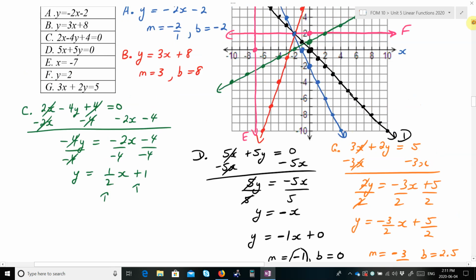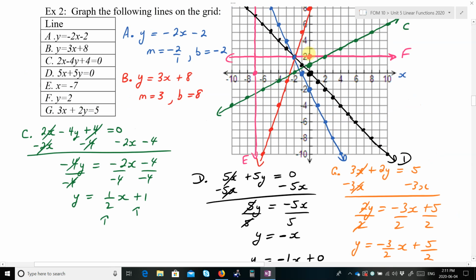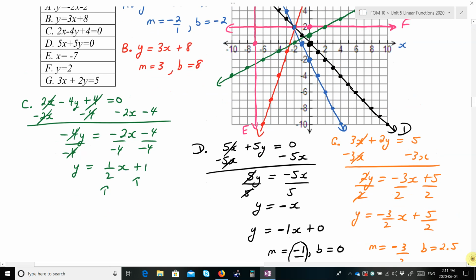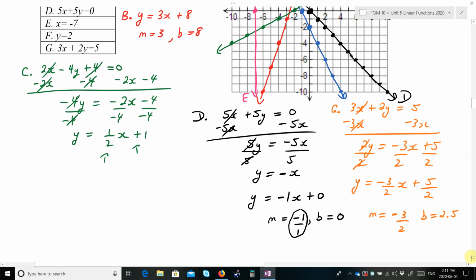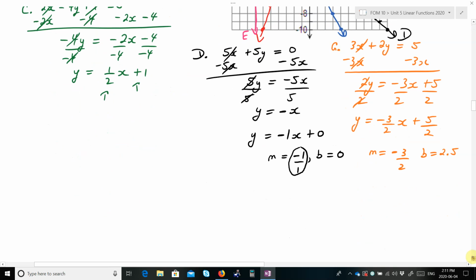Okay, so it's not the easiest to use decimals on the grid. In this case, it's not too bad because it's just 2.5. But if you want to get more whole number points, what you do in a case like this, guys, is we can use this slope, but rather than using that y-intercept, we will go back to the equation and try to find some other point that works for x and y. So like 3 times something plus 2 times something equals 5.